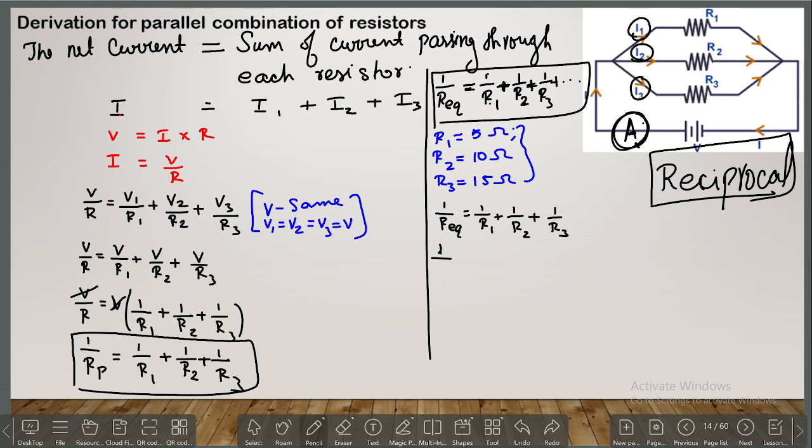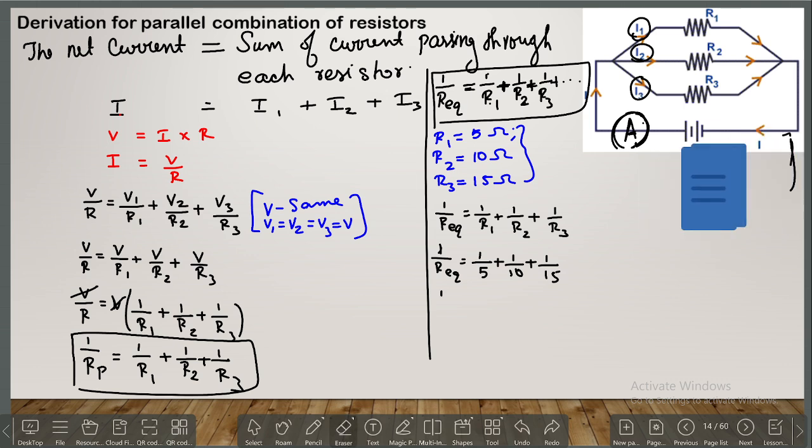Substitute all the values. 1 by R equivalent is equal to 1 by 5 plus 1 by 10 plus 1 by 15. Now take the LCM of all the three numbers. So what are the three numbers we are having over here?